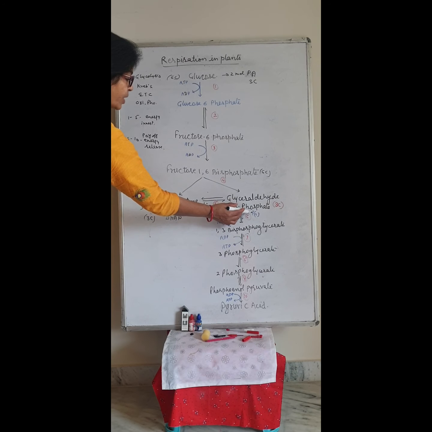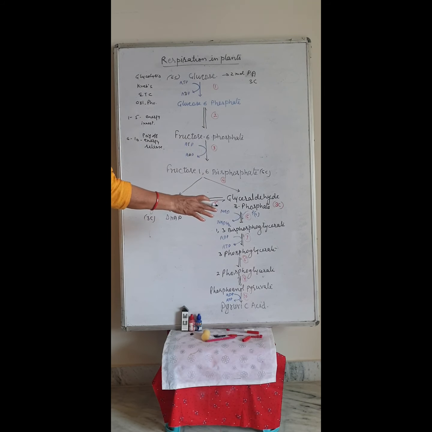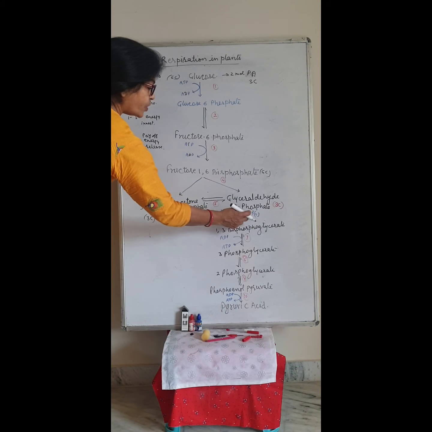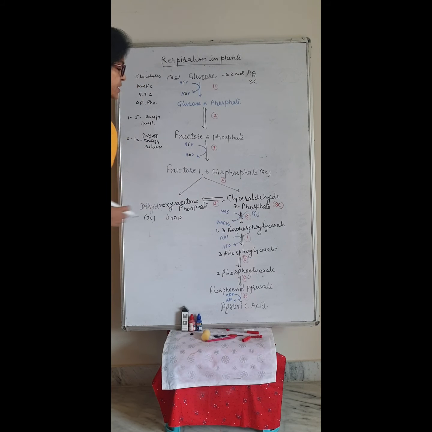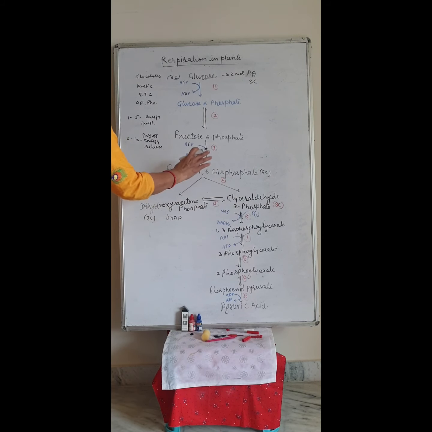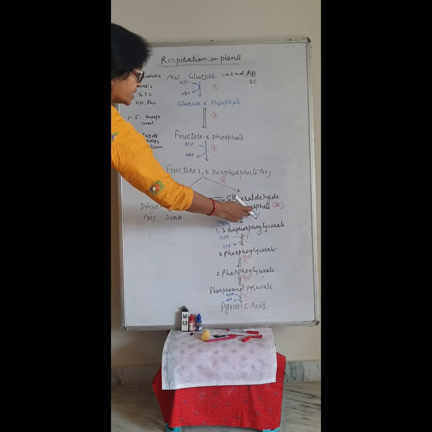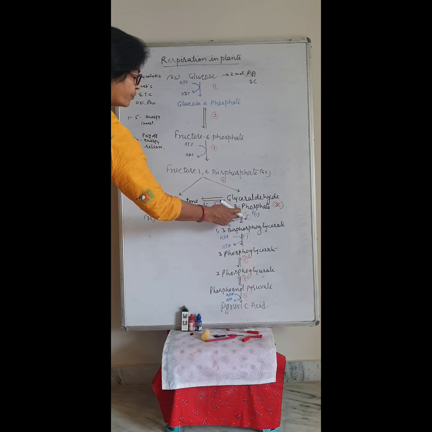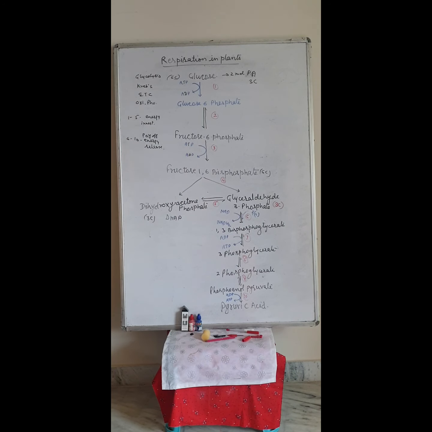They have come from the inorganic phosphate. It has not come from the ATP. It has come from the phosphoric acid that is found in the cytoplasm. So keep this point in mind. The phosphate has neither come from the ATP nor from any other energy rich compound. It has come from the inorganic phosphate, from the phosphoric acid.